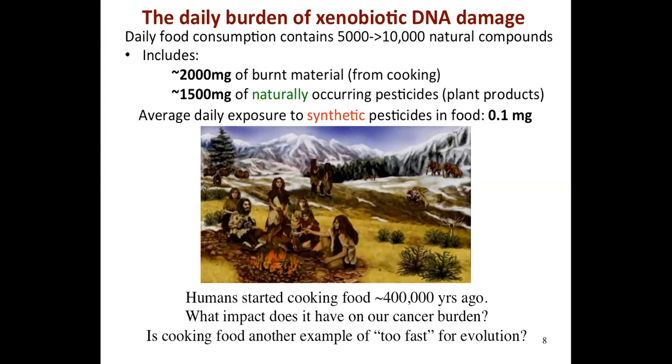I think the clear argument, though, is that there are many benefits to cooking food, for example, killing bacteria, destroying other pathogens, allowing food to keep longer, that balance out the burden of additional cancerous mutagens that we're eating from the food. So at the end of the day, it's an interesting argument to think about.